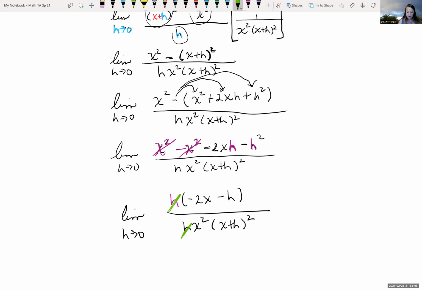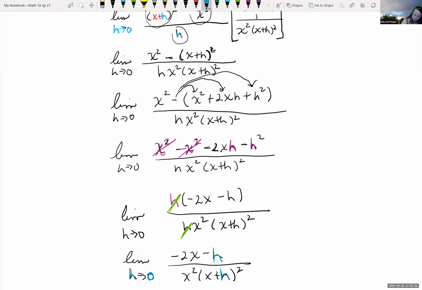Now when we go back in and plug in 0 wherever we see an h, we should not get an indeterminate form anymore. So I would have negative 2x minus h all over x squared times x plus h quantity squared. Again, we're going to do direct substitution.